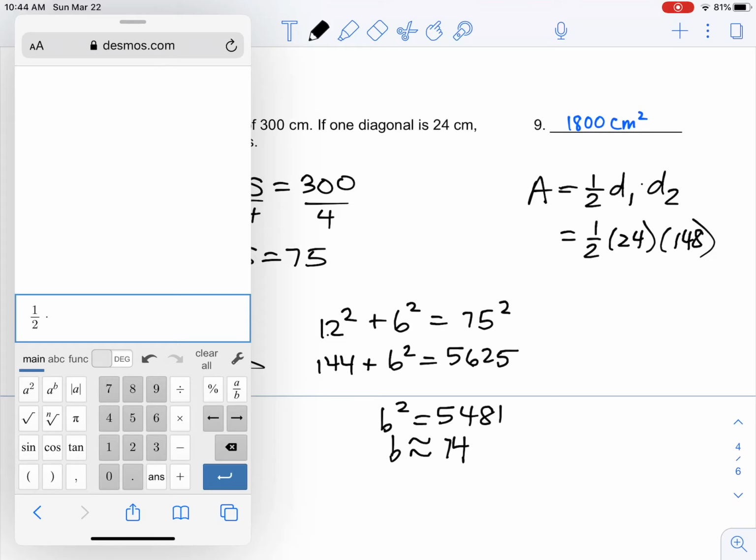All right, 1/2 times 24 times 148. Uh-oh. I got 1,776 this time, and the last time I got 1,800. I'm pretty sure it really is 1,776 centimeters squared. All right, thank you. I hope that helps.